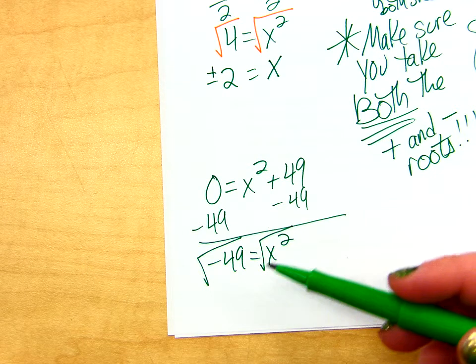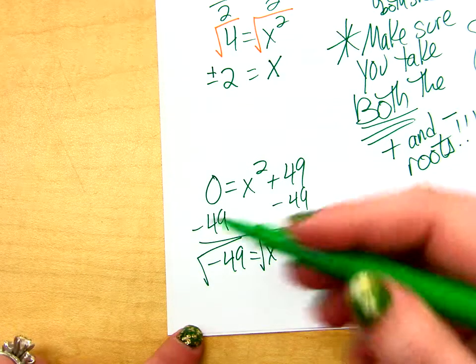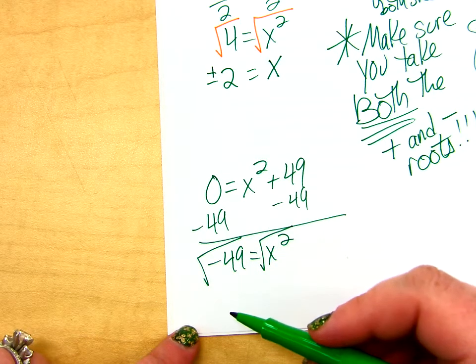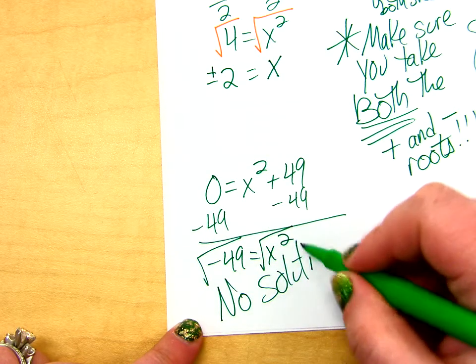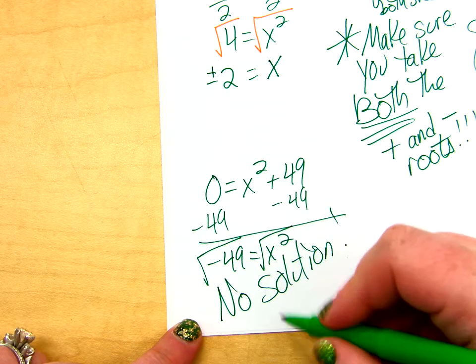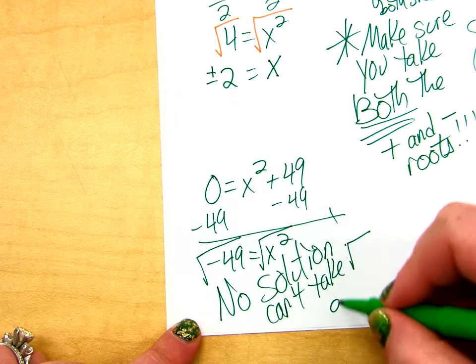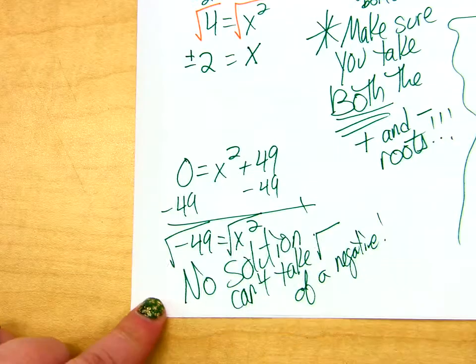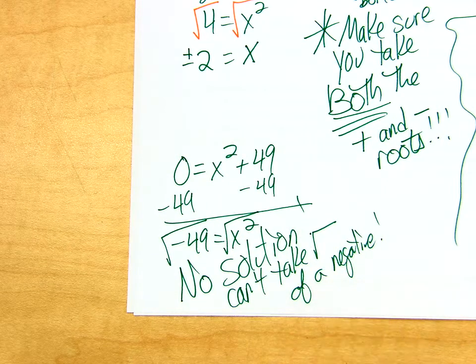Can you take the square root of a negative number? No, not until algebra 2. So, when you end up with something like this, there's no solution. It's never going to cross the x-axis. Can't take the square root of a negative. Well, you can't take the square root of a negative in the real number system.